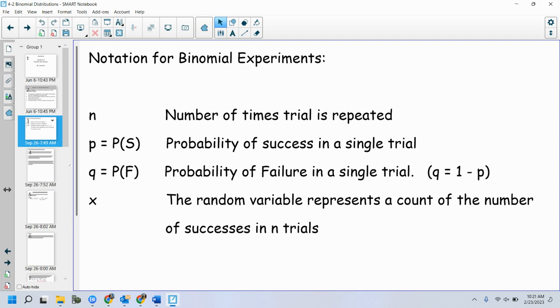If they are not complements, then this is not a binomial. And then X is our random variable, which represents the count of the number of successes in n trials. X is going to represent the number of successes that we want in n trials.